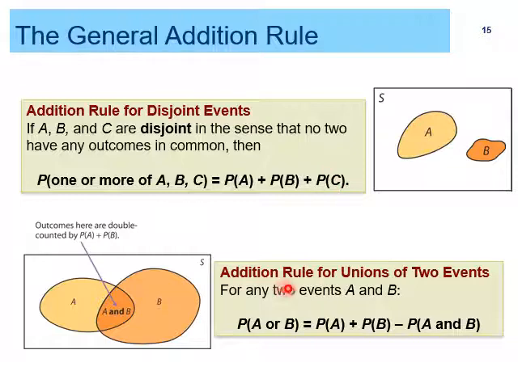But the addition rule for unions of two events, for any two events A and B, is P(A or B) is equal to P(A) plus P(B) minus P(A and B). Why are we subtracting? Because otherwise we add this common part twice, so we subtract it once.